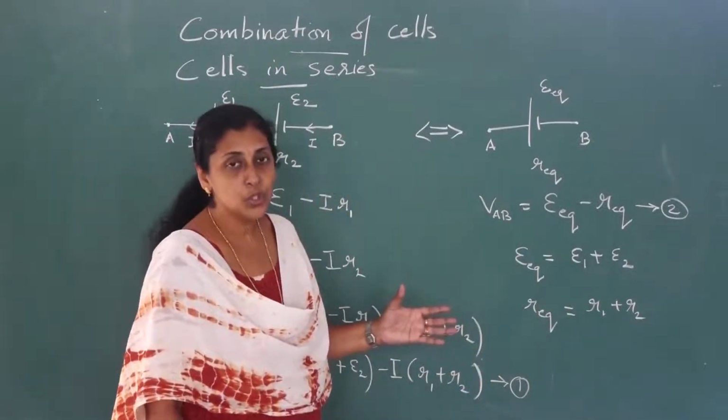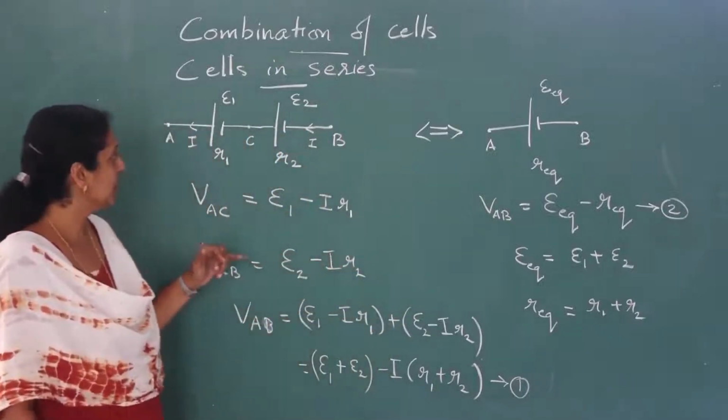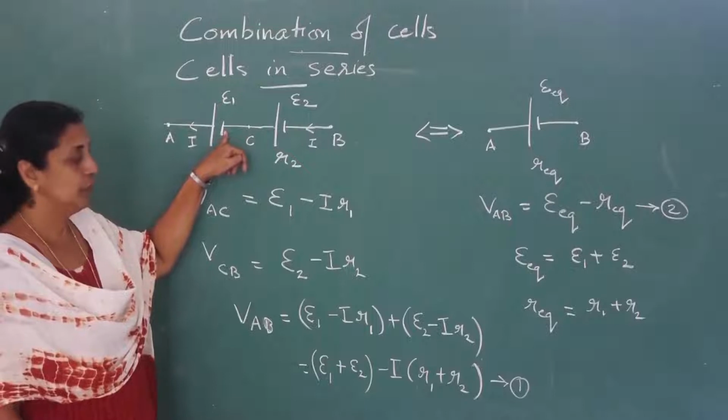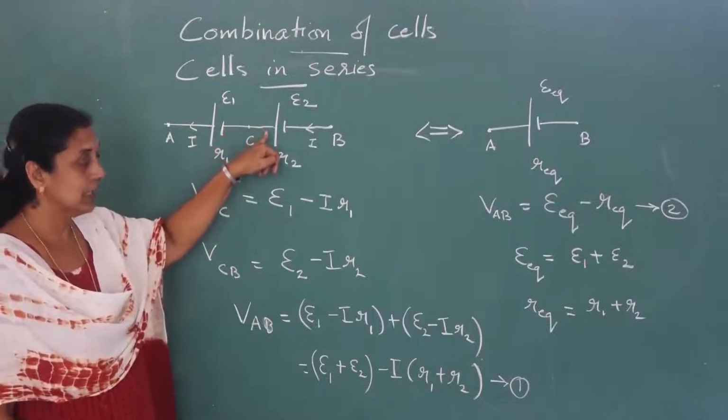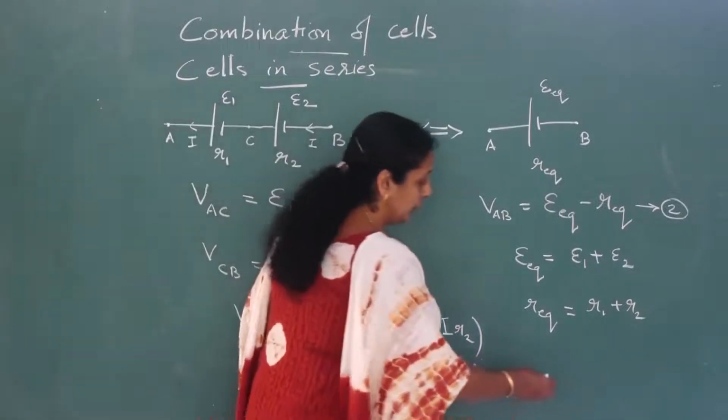If we combine two cells in a manner that the negative of the first cell is connected to the negative of the second cell, then let me just draw it down for you.